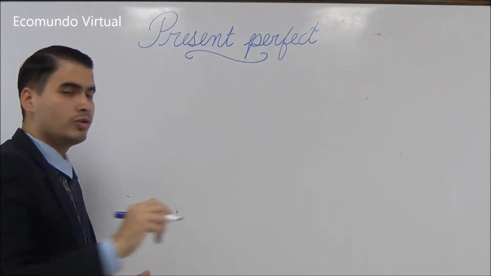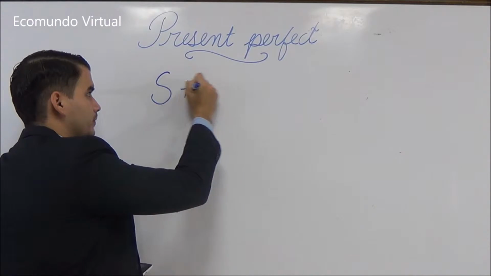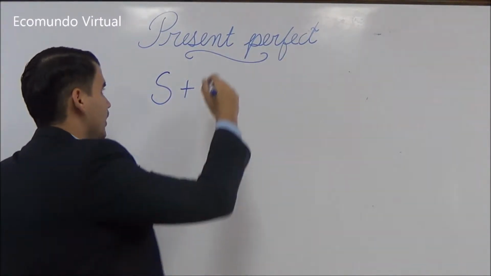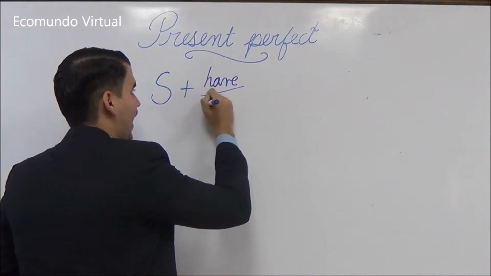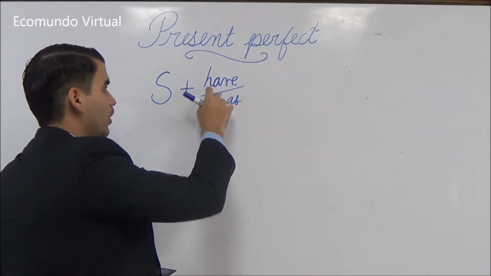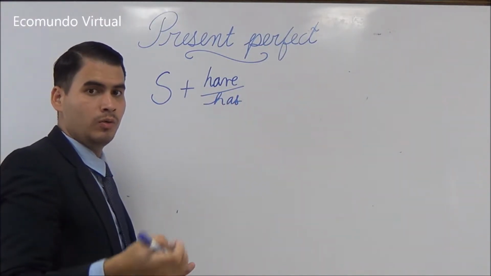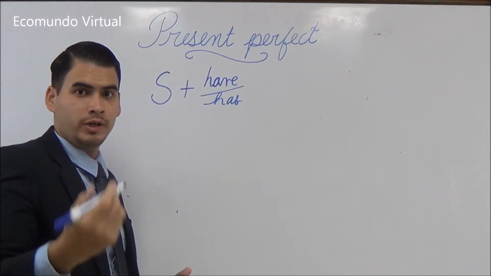So, the structure of the present perfect is this. First, we have the subject. Then we have the auxiliary, which is have or has. Have for I, you, we, and they, and has for he, she, and it.